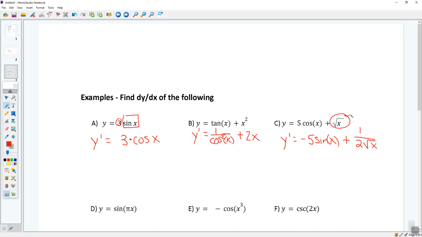This part right here is a reminder, this is x to the half power, isn't it, kids? So the 1/2 goes out front, 1/2 x to the negative half power by the power rule. If I don't want that exponent to be negative, we move it to the bottom. It would become x to the positive 1/2 in the bottom with the 2. But x to the 1/2 is root x. So you should have, in the end, negative 5 sine x plus 1 over 2 root x.